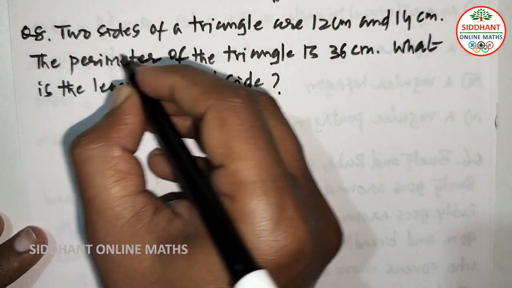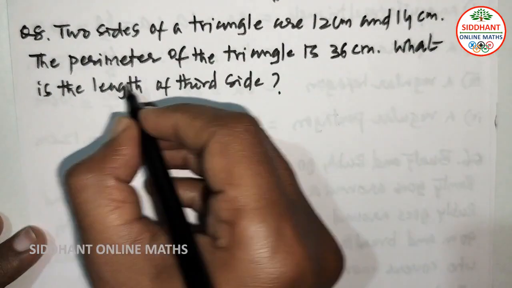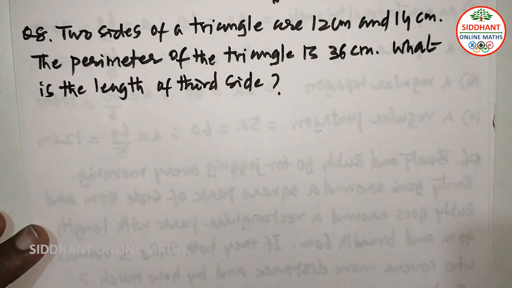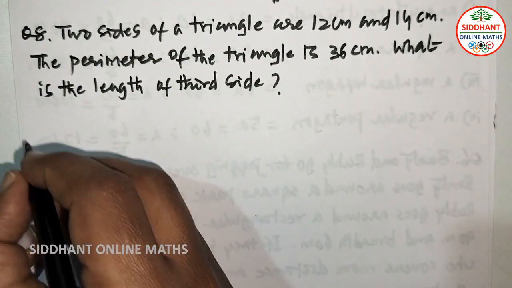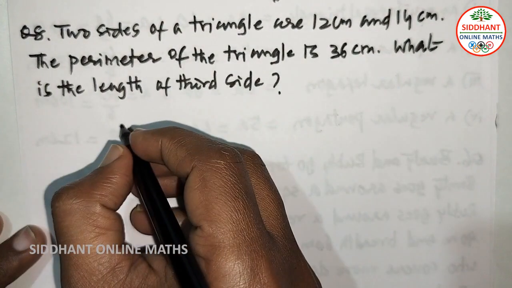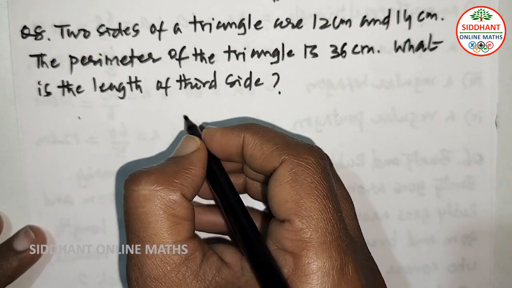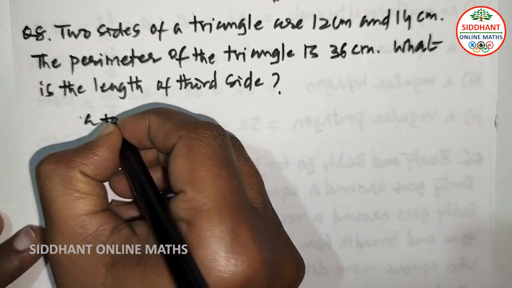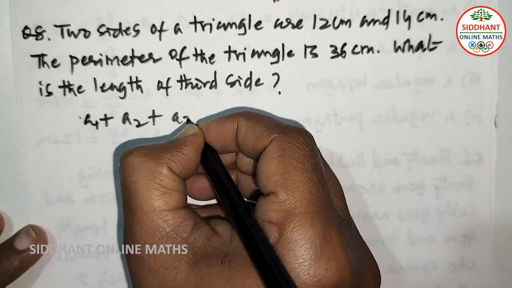Question number 8. Two sides of a triangle are 12 centimeters and 14 centimeters. The perimeter of the triangle is 36 centimeters. What is the length of the third side? We know that the perimeter of a triangle is side plus side plus side, that means A1 plus A2 plus A3.